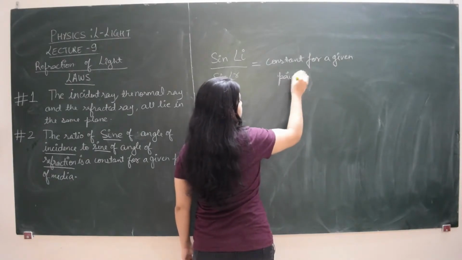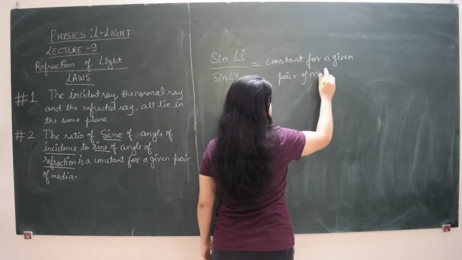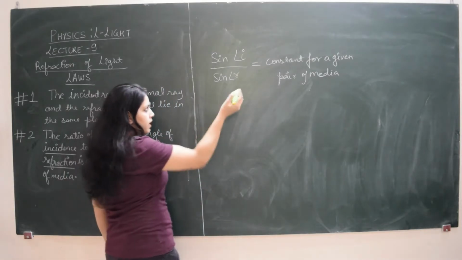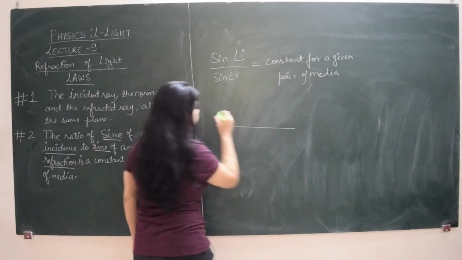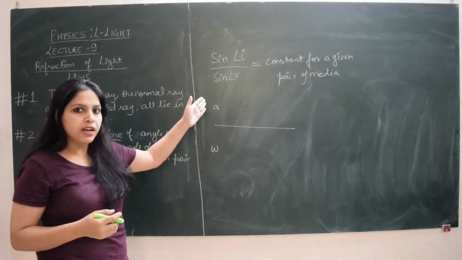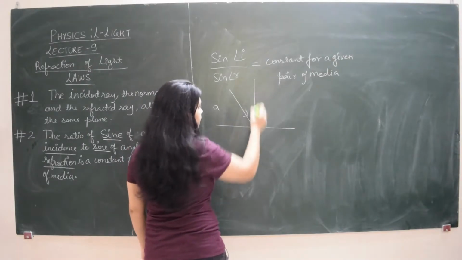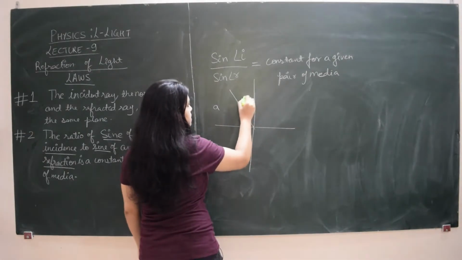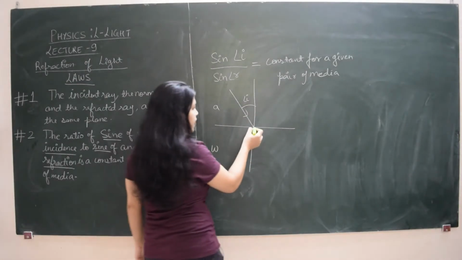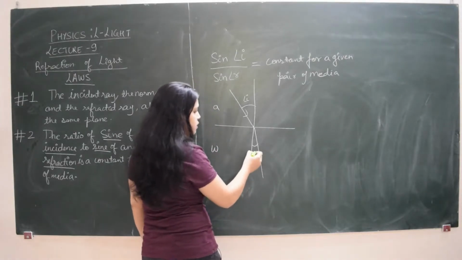So if I take a pair of, let us say, air and water. Here I have air, here I have water, and we know that we are moving from a rarer medium to a denser medium. So what happens is, this incident ray, once it passes through the boundary and moves inside the second medium, will bend towards the normal, because water is optically denser.